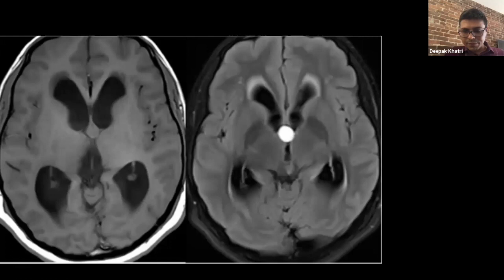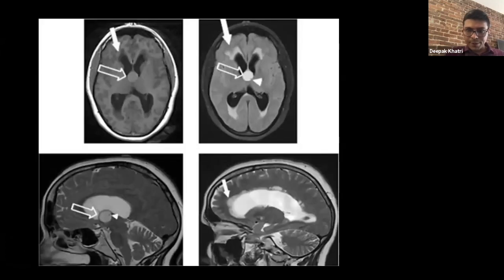So there can be different types of obstructive lesions in the brain. This is the same image, which you can see here. It is marked by the arrow here, the transependymal egress, a lesion at the foramen of Monro.